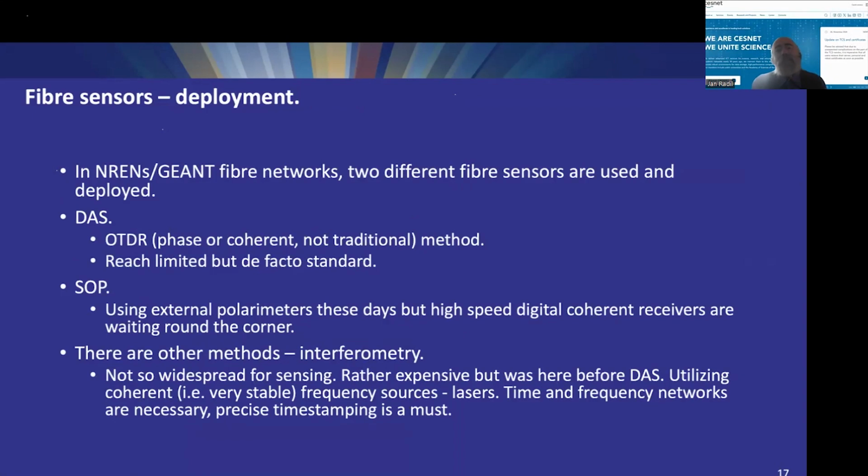I would say this is really important practical deployment. As far as I know, in NRENs and GÉANT fiber networks, we have two different fiber sensors. One is DAS, based on OTDR, with limited reach but de facto standard, and then state of polarization. These days, we are using external polarimeters, but digital high-speed coherent receivers can also work with state of polarization.